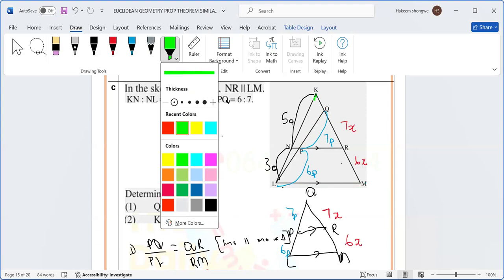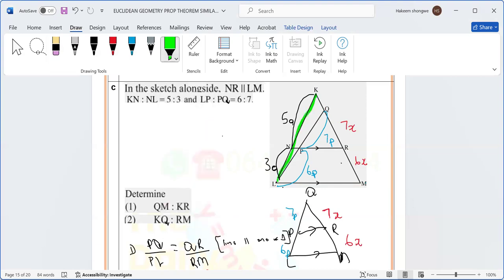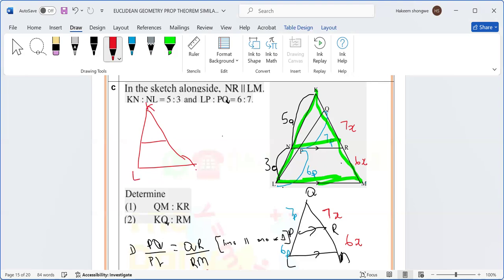You're talking about this one now, KLM, where you have this line parallel to this one. This is K, this is L, this is M. Parallel.